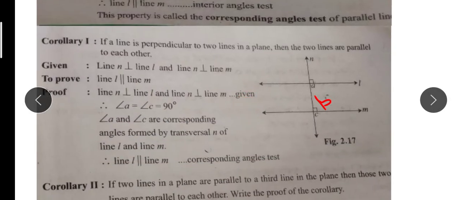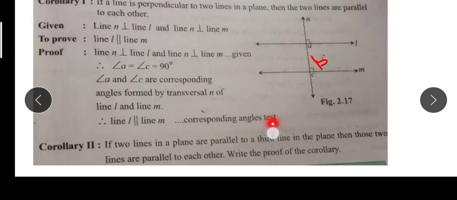Interior angles formed by the transversal are supplementary. If they are supplementary, it means that the lines are parallel to each other, and therefore by the interior angle test, A plus B is equal to 180, they are parallel. Okay, so in the second way also we can prove it. By any property you can prove this corollary.